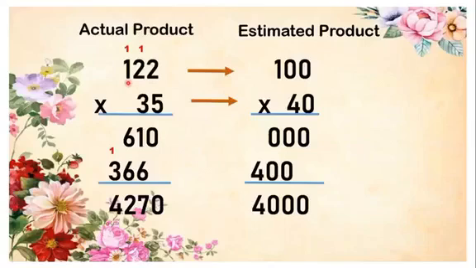Then assess the number on the right. Is it greater than 5, within 5, or below 5? Since 2 is below 5, the number 1 will remain and the rest of the digits will be replaced by 0. So it becomes 100.